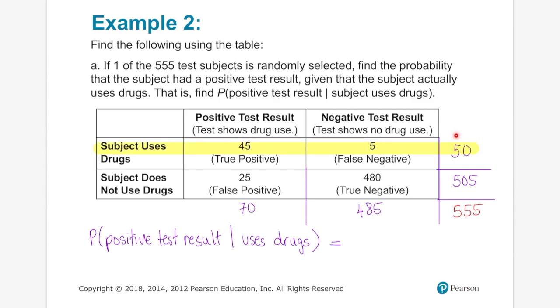There are 50 of them. So the probability is out of 50 because the condition is the person actually using drugs. Now, out of these 50 people, how many of them have positive test result? 45. And the answer is 0.9, or 90%.